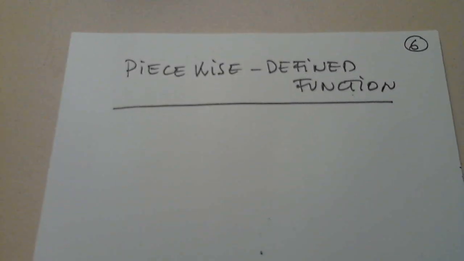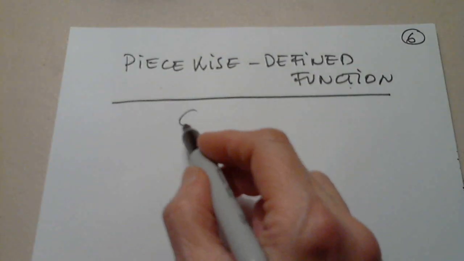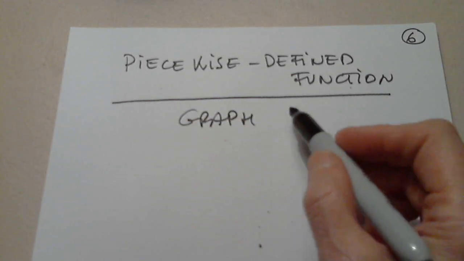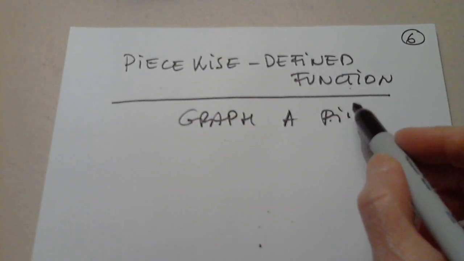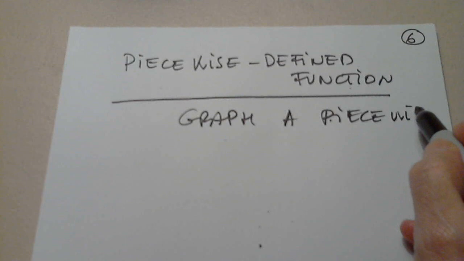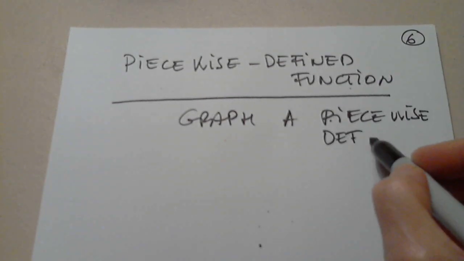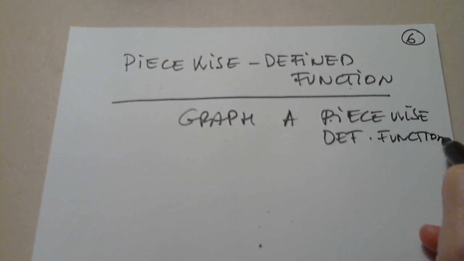Okay, so what I would like us to do is graph a piecewise defined function. Because I wanted you to see, so page 23. I'm going to share my screen, assuming I'm not logged out of Pearson, because they do that to me all the time.